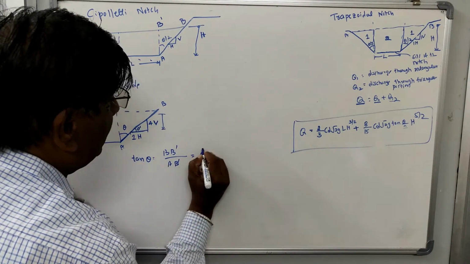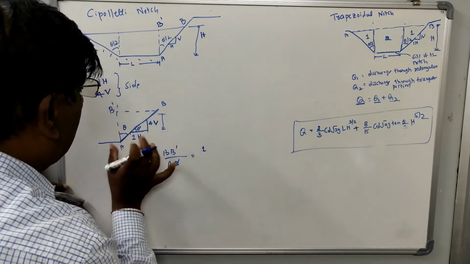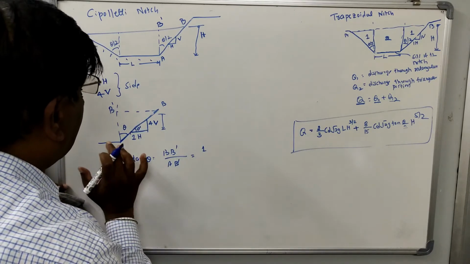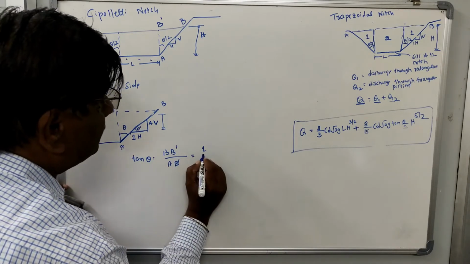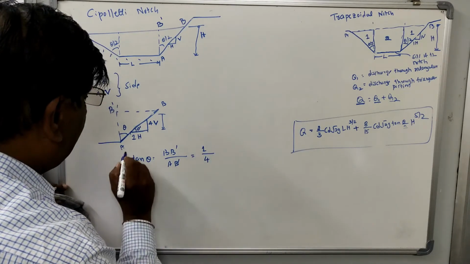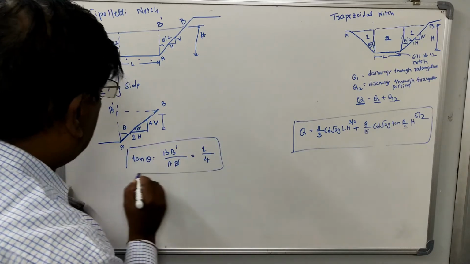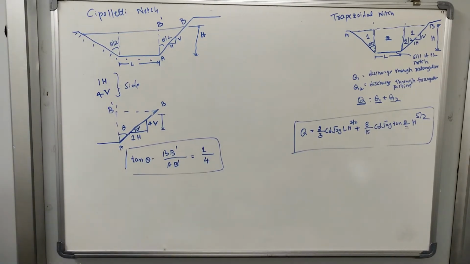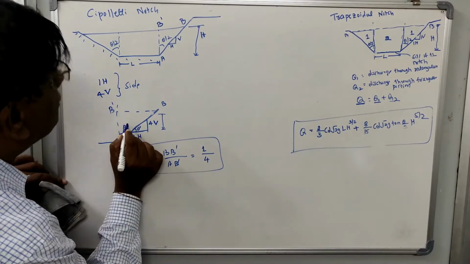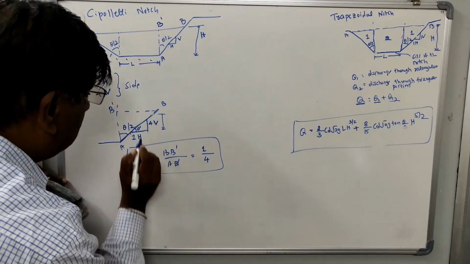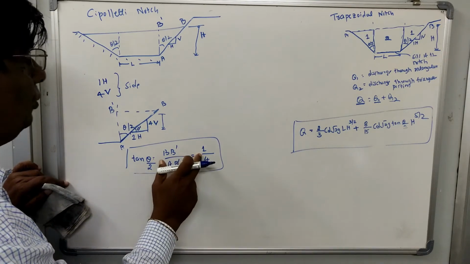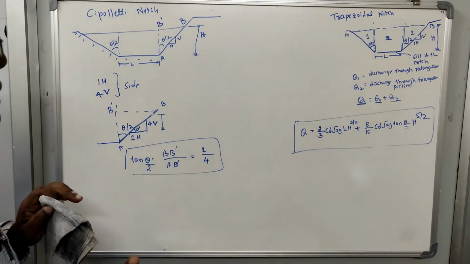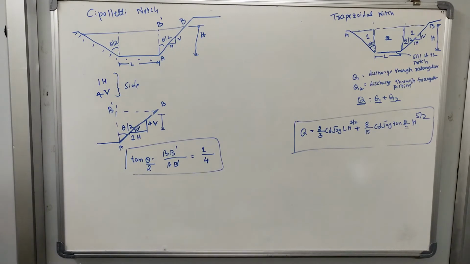It is 1 meter, one horizontal. B dash is a horizontal length. Then B dash A or AB dash is 4. Keeping this as the slope, this is theta by 2, so you can take tan theta by 2, which is 1 by 4. This is the only difference between the Cipolletti notch and the trapezoidal notch.